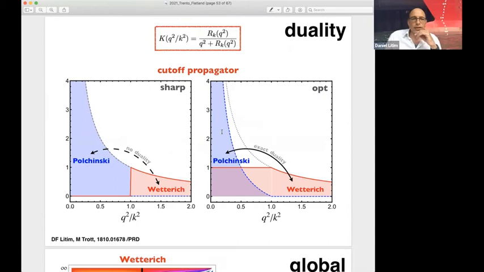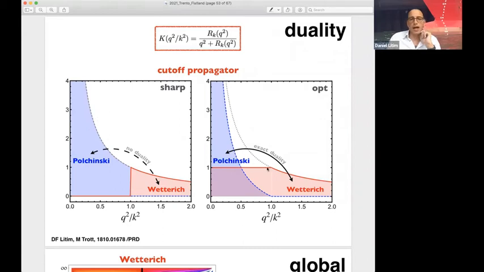Now, however, the duality can be made absolutely rigorous in the sense that, say, if you were to be plotting your cutoff propagator, so that's this dashed line is the full propagator, 1 over p squared, the same here.